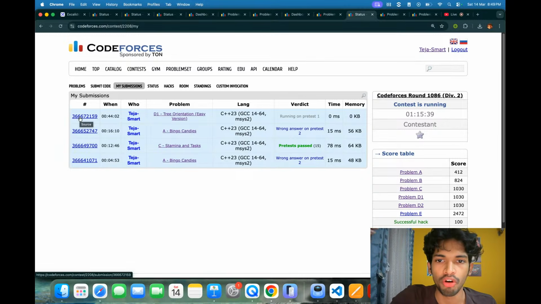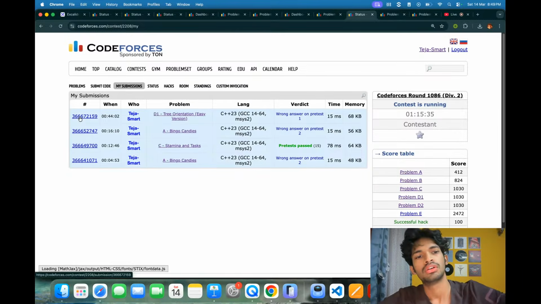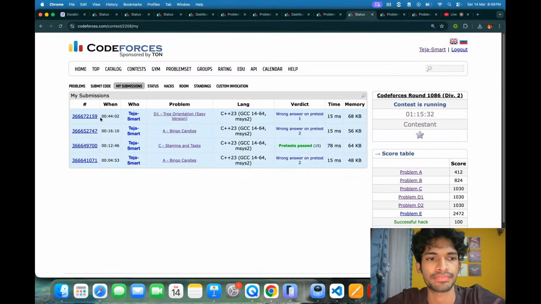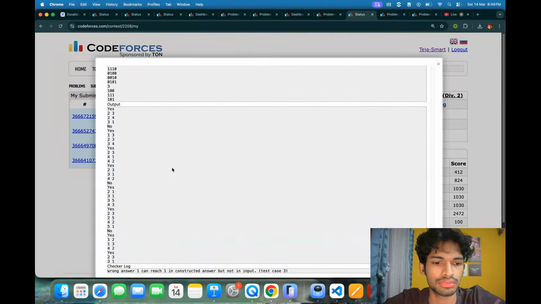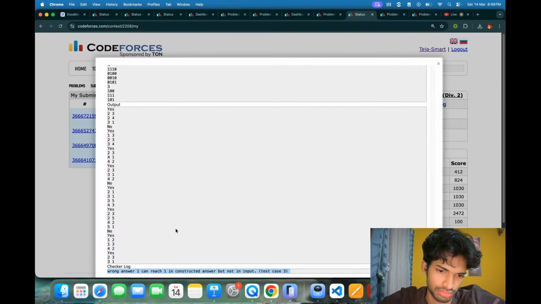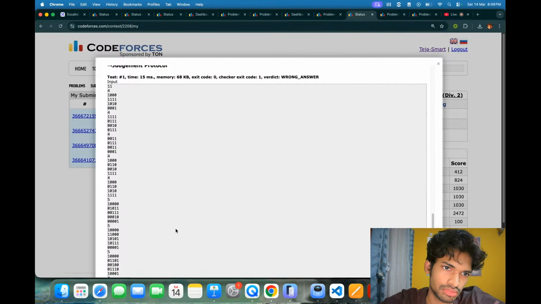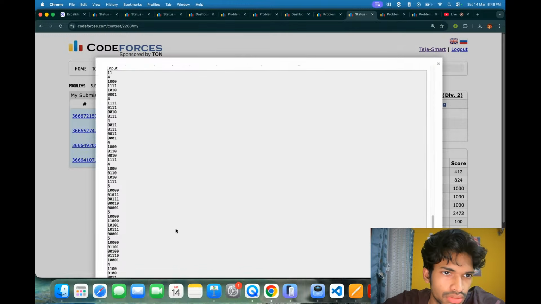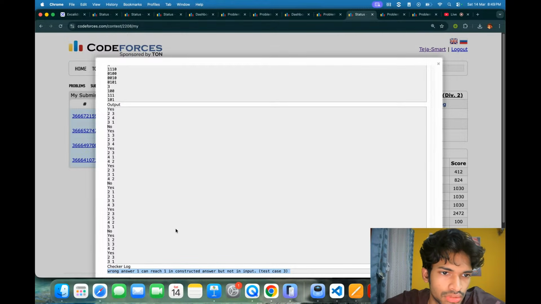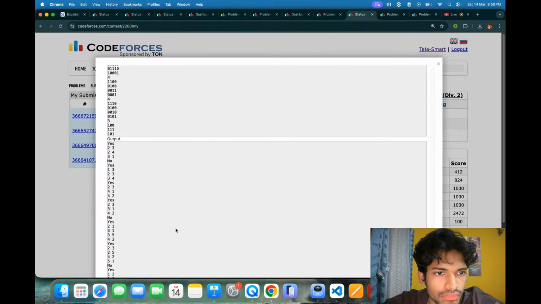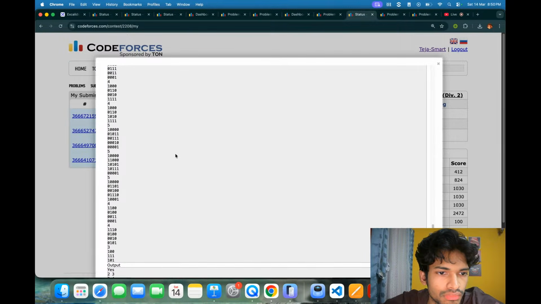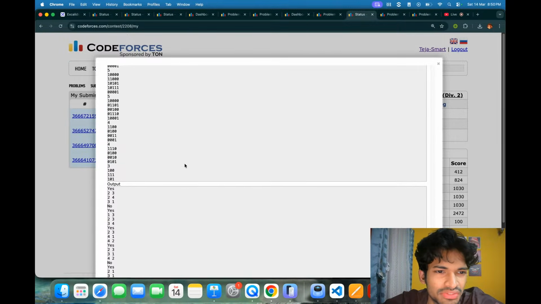I have to remove each leaf in O of N now. One can always reach one, right?